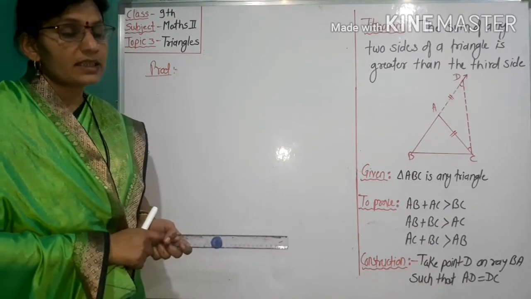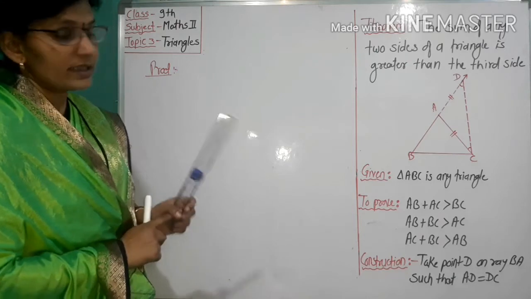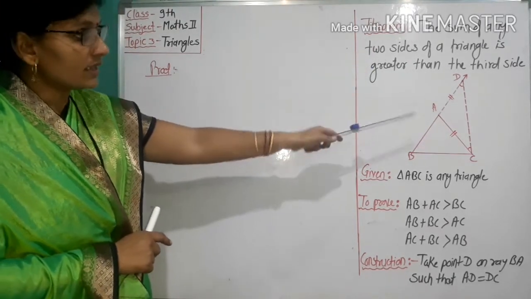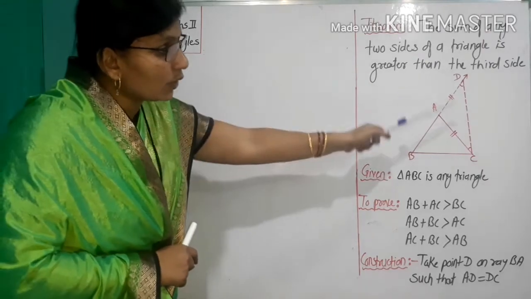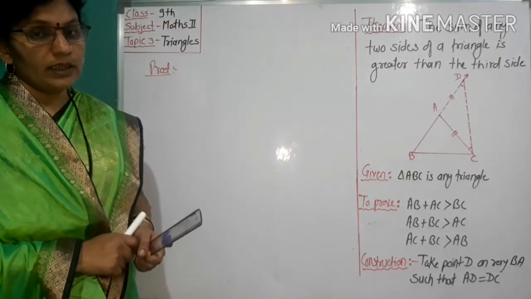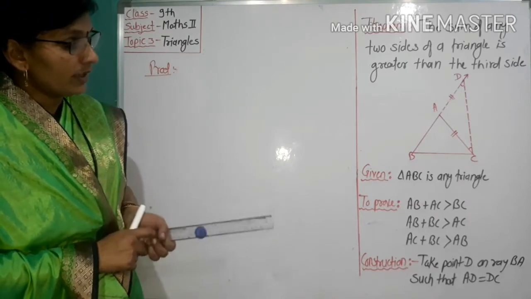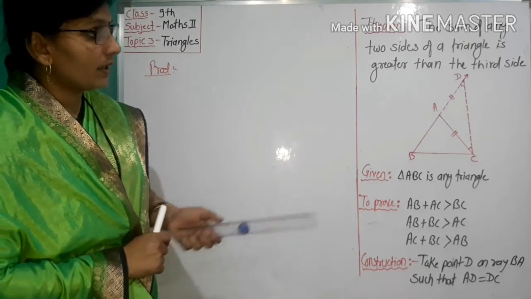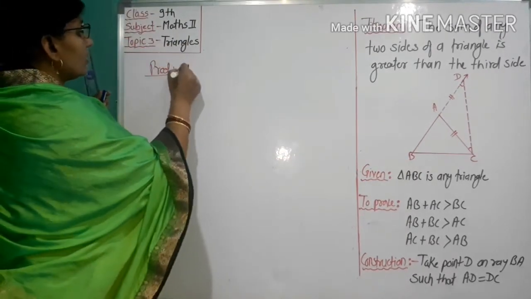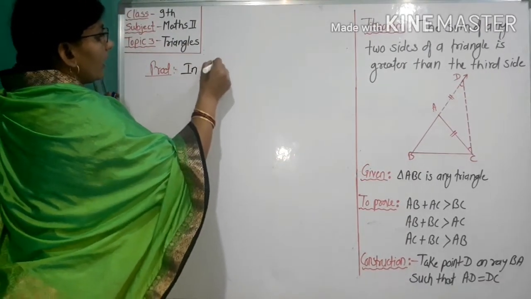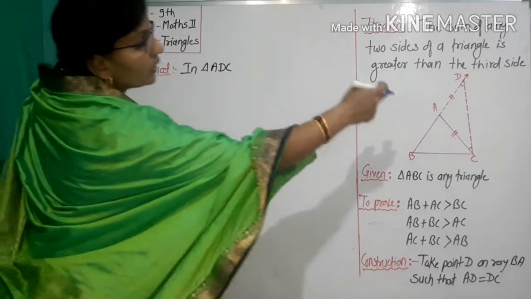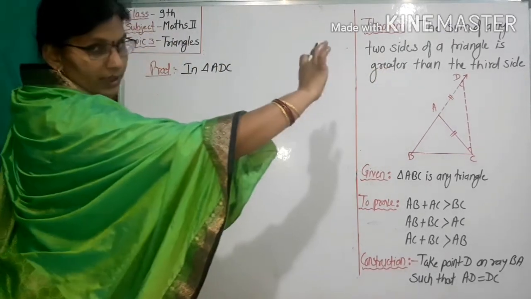There is a construction. The construction is that on the ray BA, take point D such that AD equals AC, and draw segment DC. To prove this, observe the figure. In triangle ADC, segment AC equals segment AD, congruent segments.